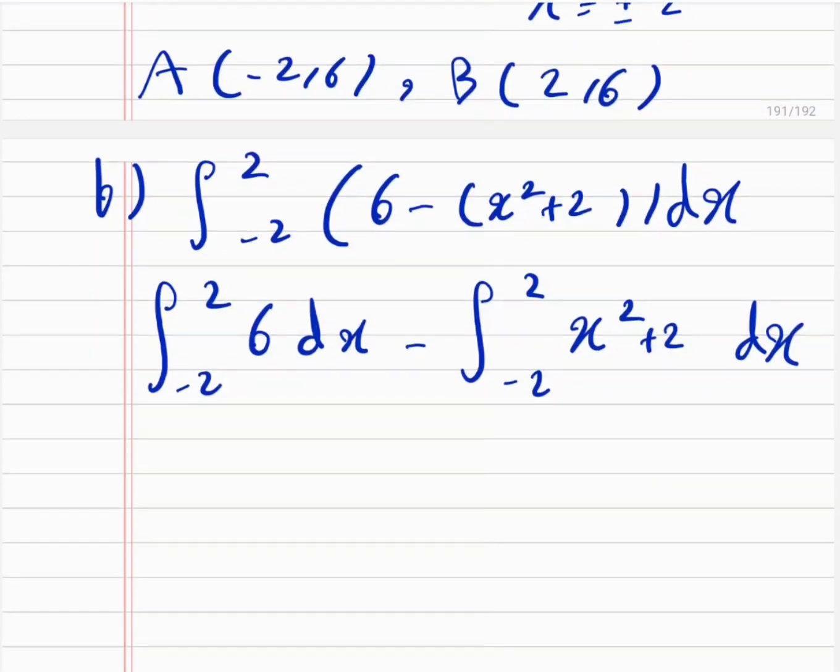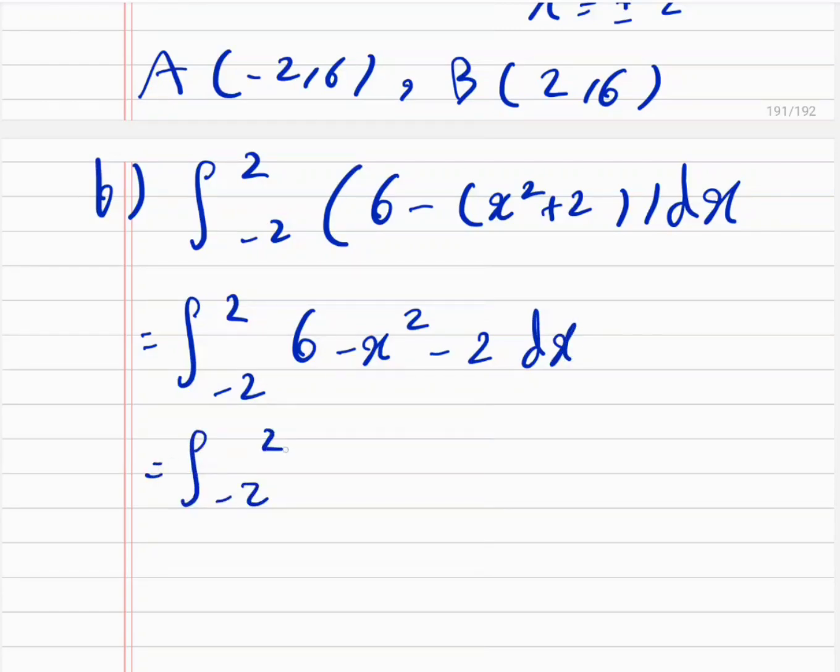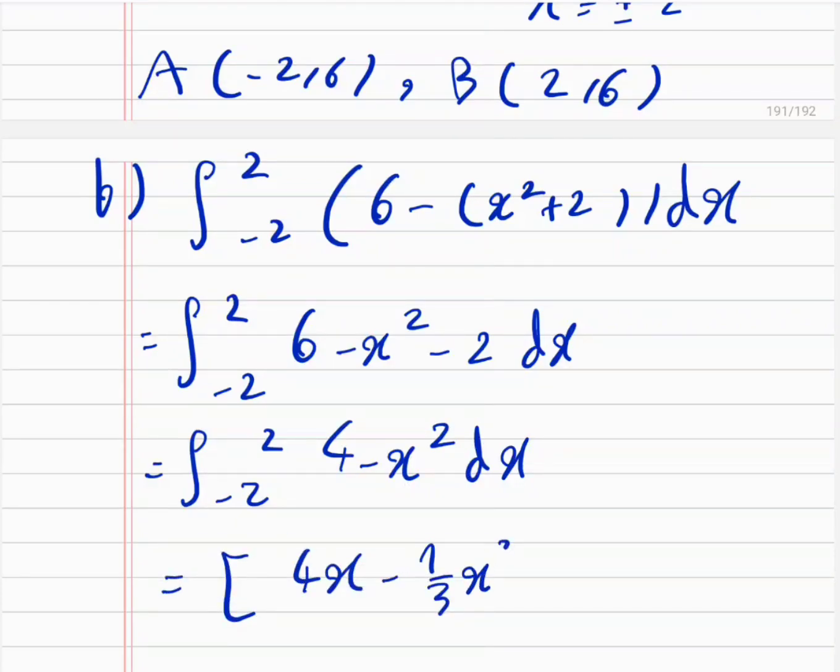For simplicity, I'm just going to use the combined version because that's going to be quicker. In this case, we have the integral of 6 minus x squared minus 2 dx, which is basically the integral of 4 minus x squared dx, and that's equal to 4x minus a third x cubed, between minus 2 and 2.